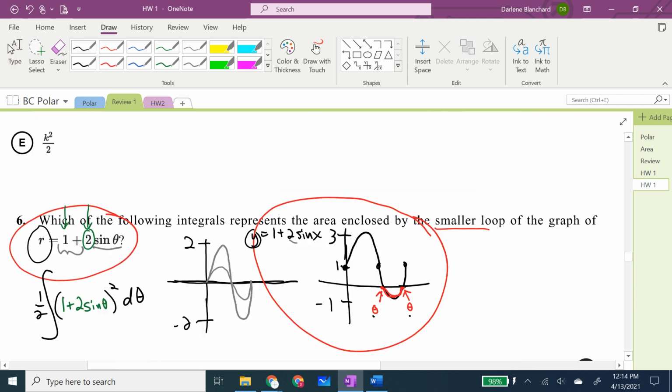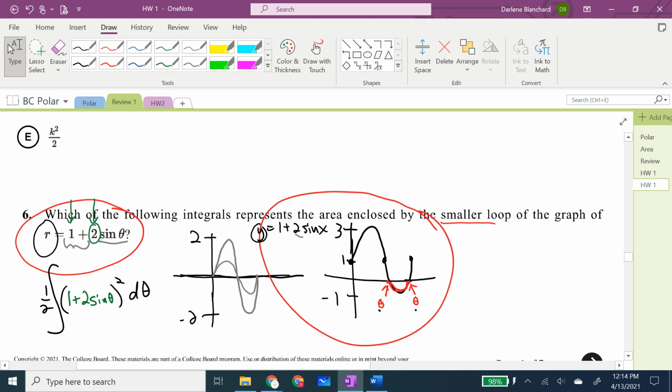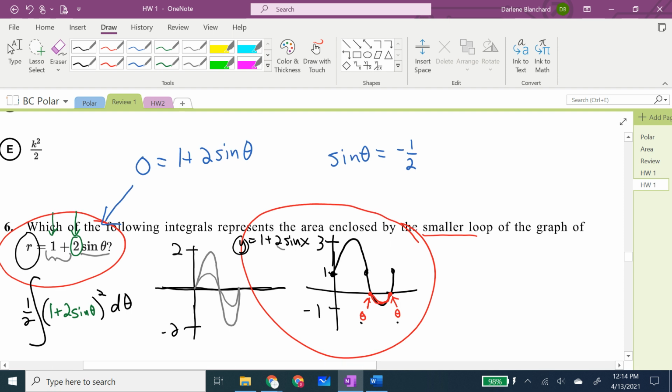What you're going to do is start off with, I need to know what makes r 0. You're solving a trig equation. First thing is, isolate the trig function: subtract 1, divide by 2, then unit circle.